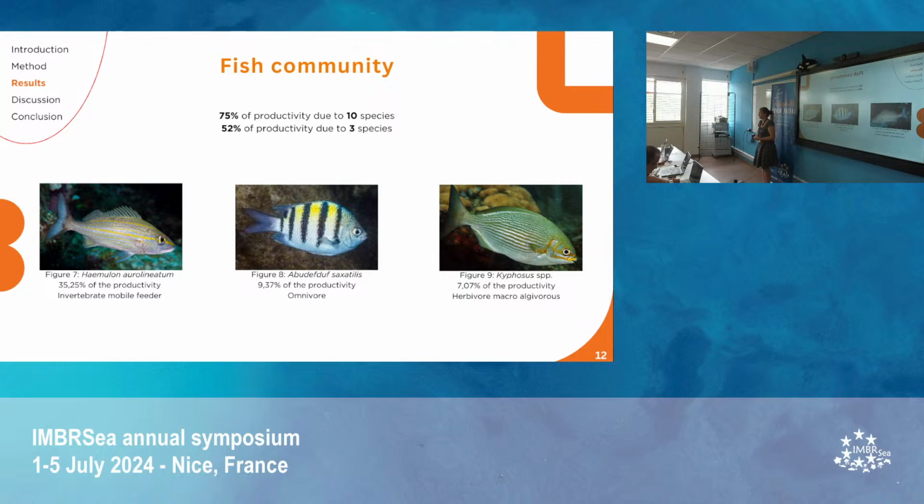It also feeds on plankton. That's why this fish is really important, because it's categorized as an invertebrate mobile feeder since that is its main food diet. But for example, this one is an omnivore and this one is a herbivore, microherbivore.